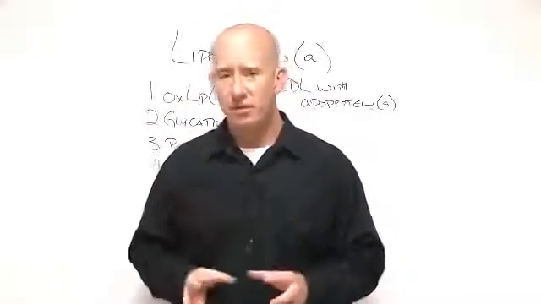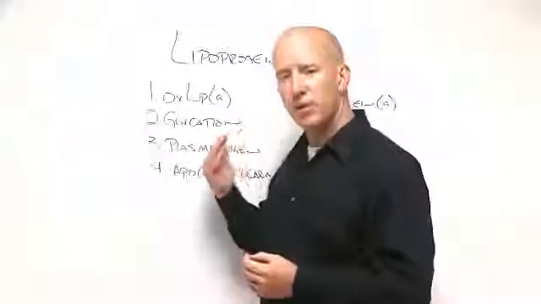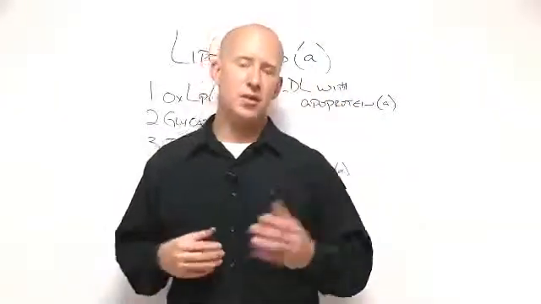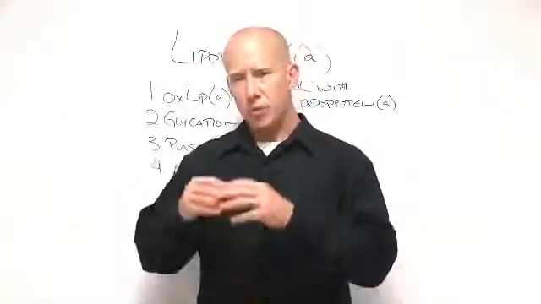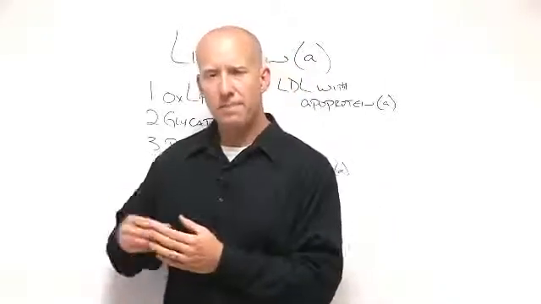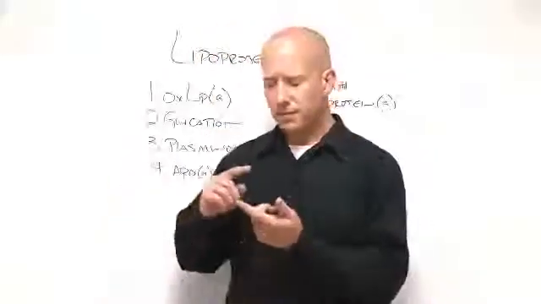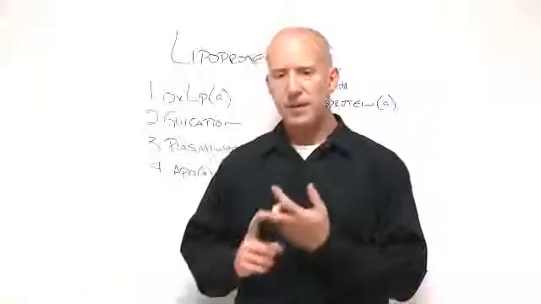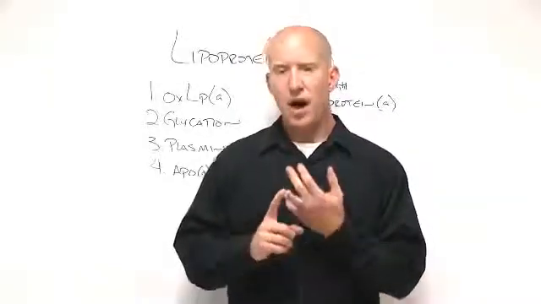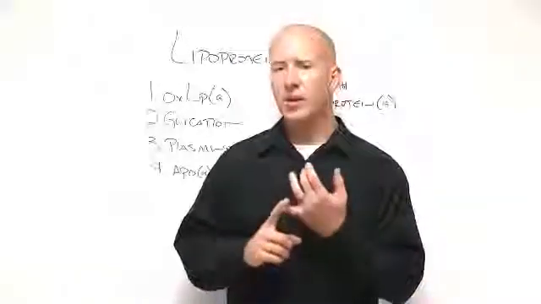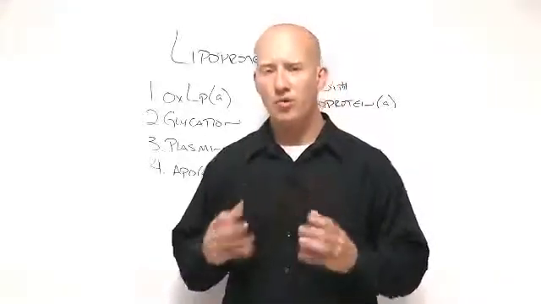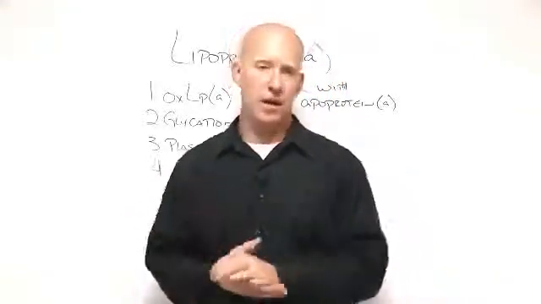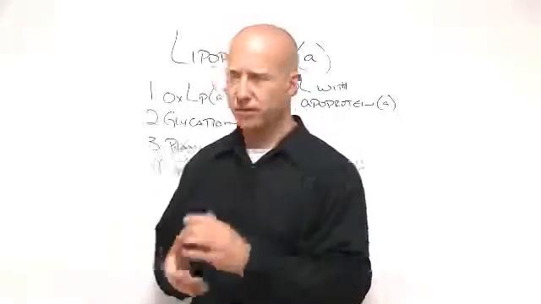So that by itself would suggest why lipoprotein(a) has an increased risk for cardiovascular disease. When you get damage to the endothelial layer, lipoprotein(a) seems to get in easier, stay there longer, oxidize more readily, and create a greater immune response. All those things will create more atherosclerosis or atherogenesis.